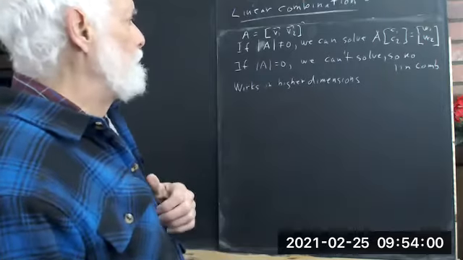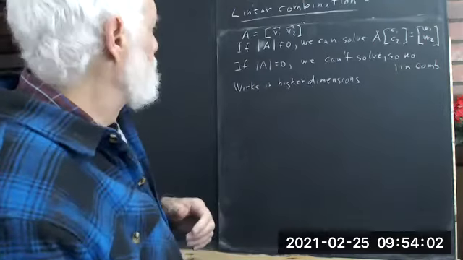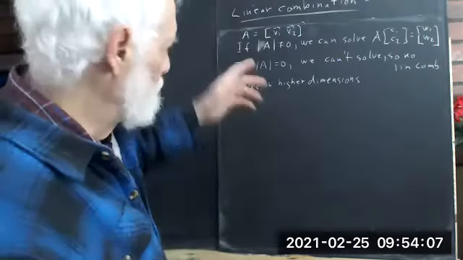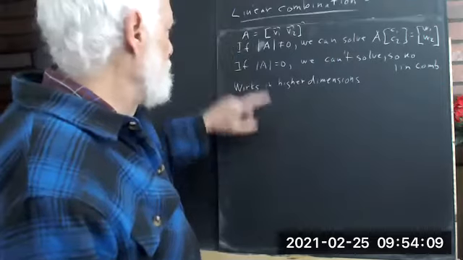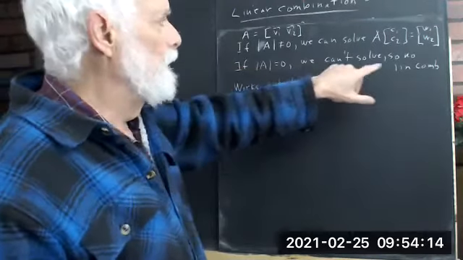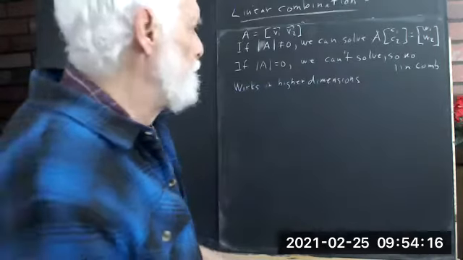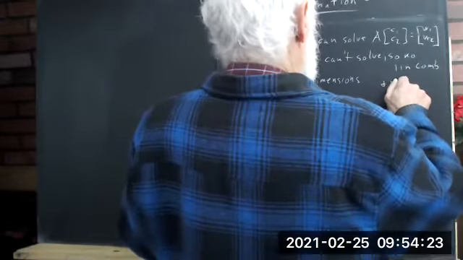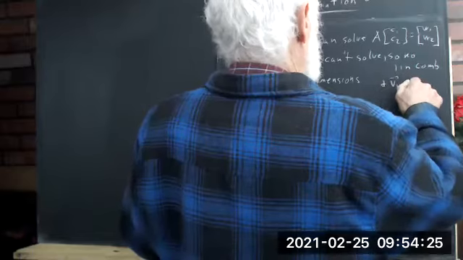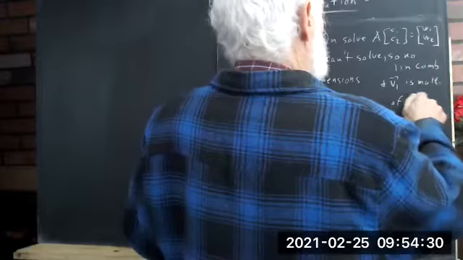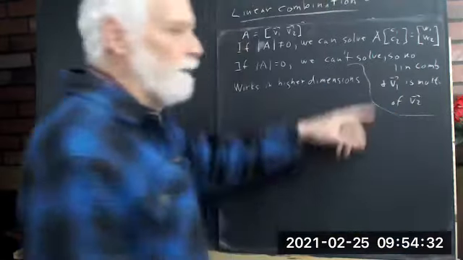I wanted to summarize this. Let me back up. If the determinant is 0, you can't solve, so there's no linear combination, and V1 is a multiple of V2.